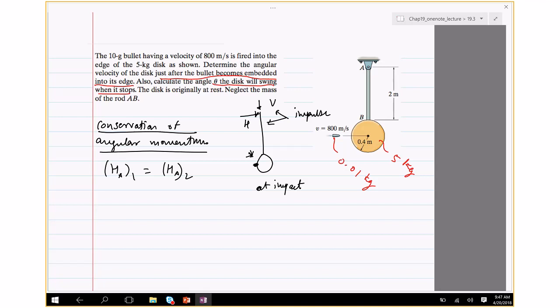So mass of the bullet, which is 0.01, times velocity of the bullet, times the radius, which is 2 plus 0.4, because this distance is 0.4. So what I've written down effectively is mass times velocity times r. So r cross mv is the angular momentum due to a particle.